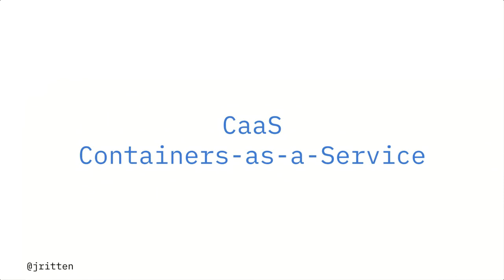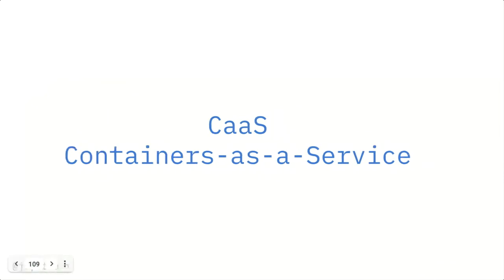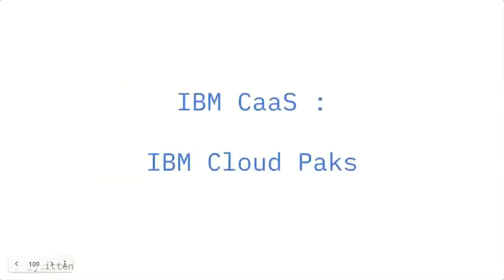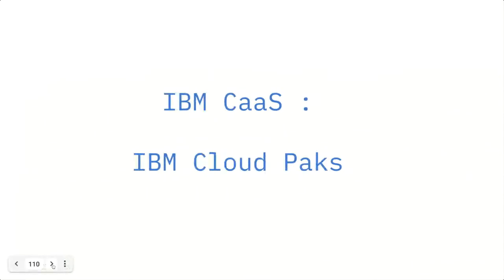So when we're referring to containers as a service in general, we're again talking about things like Docker Swarm, Kubernetes. Our containers as a service offering for IBM that we have are our IBM Cloud Packs. So we have IBM Cloud Packs for a number of things.